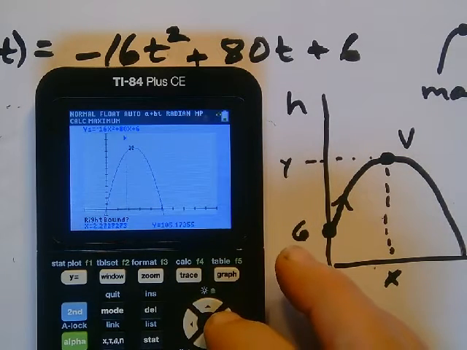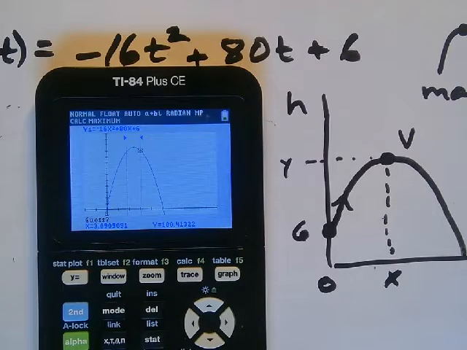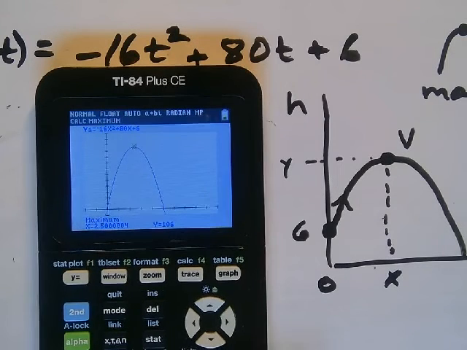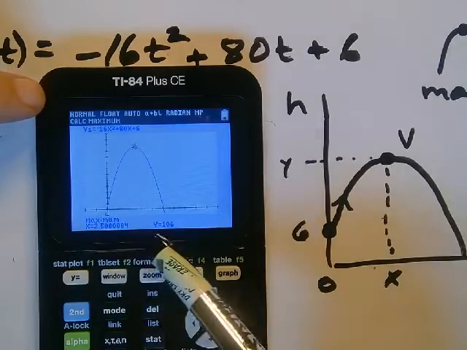So I'm going to move my cursor over to the right side of the vertex, hit enter again, and then it says guess, but I don't know quite why that's even in the calculator because I've never used it. Just ignore that and hit enter one more time. And when you do, the cursor now is popping right at the vertex. And you can see down at the bottom here that there are some numbers.